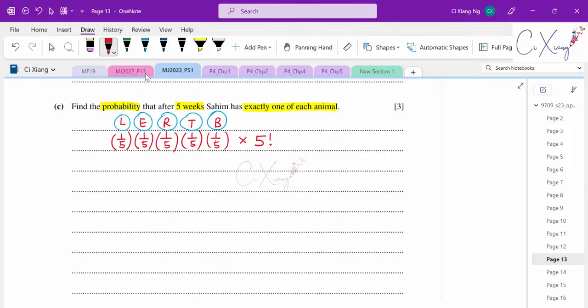And all the animals here are not identical, therefore you don't need to divide by any factorial. So only consider the arrangement for 5 items, which is 5 factorial here. Then simplify this answer. You should be able to get 24 over 625. Or if you want to correct it to a decimal number, 3 significant figures will be 0.084.